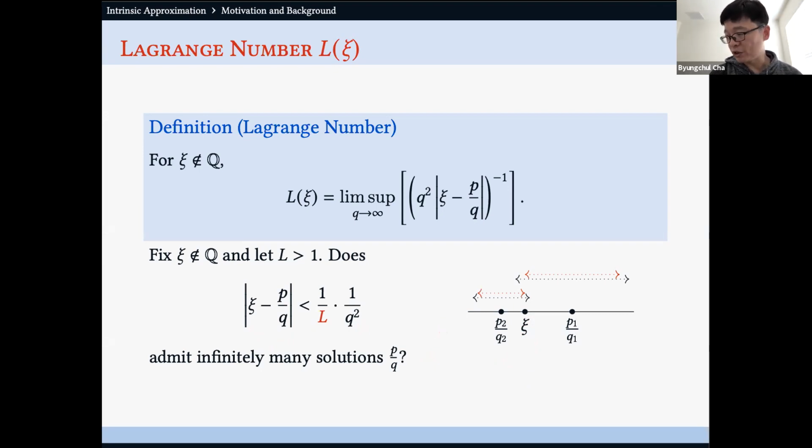This should remind you of the famous theorem of Dirichlet, which, by the way, may or may not be due to Dirichlet himself historically. I don't know that very well. Anyway, what that theorem says is that every irrational number is visible, because every irrational number gets light from infinitely many light sources nearby.